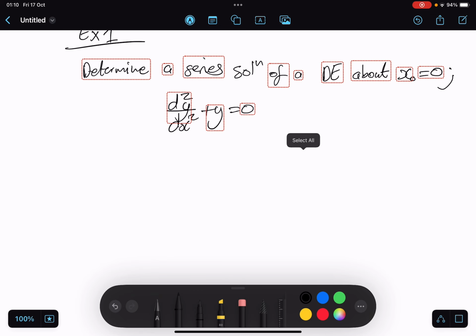So we are given this differential equation. They are saying find the series solution at this point. So what do you do?